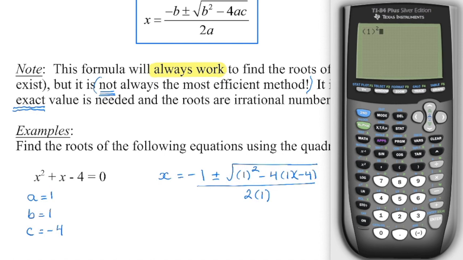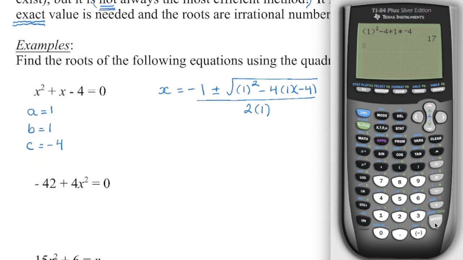So I started with the 1 squared in brackets. And then this is a minus, not a negative. So we're going to go -4, and then I'm going to go times 1 times, now this is a negative, so -4 equals. And when we do that, we get 17.